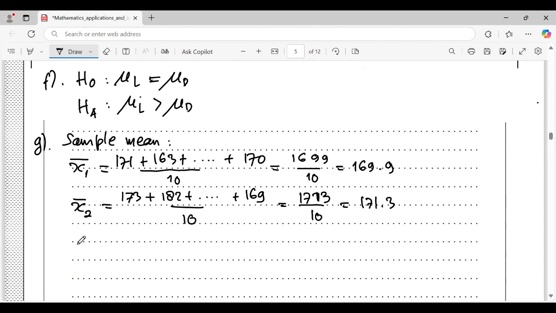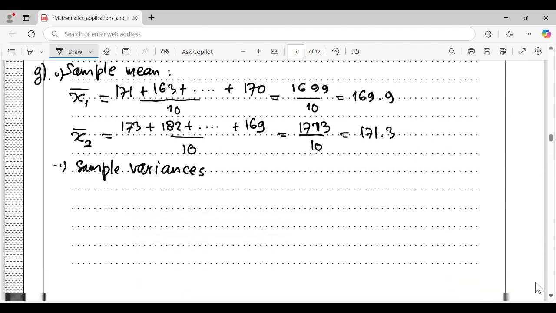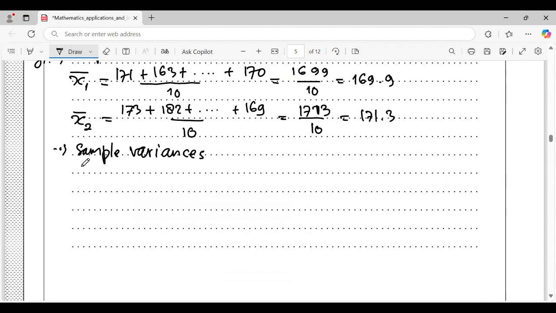This is the mean. And the second step is to calculate the sample variance. We're going to find the first variance and the second variance.